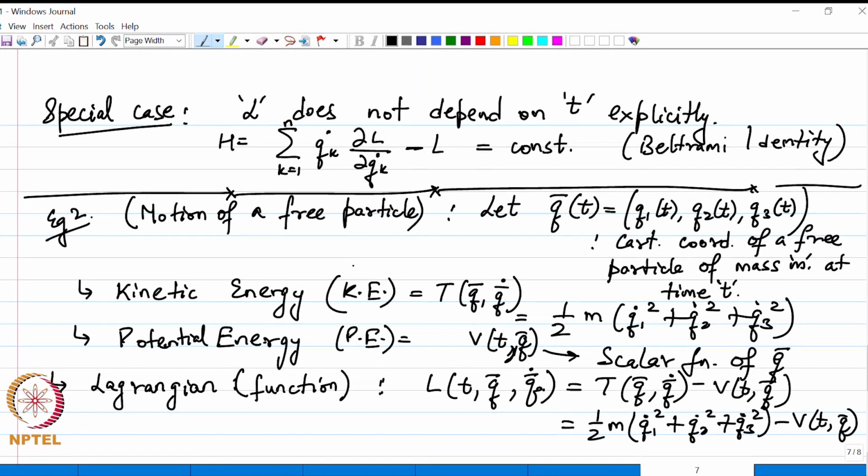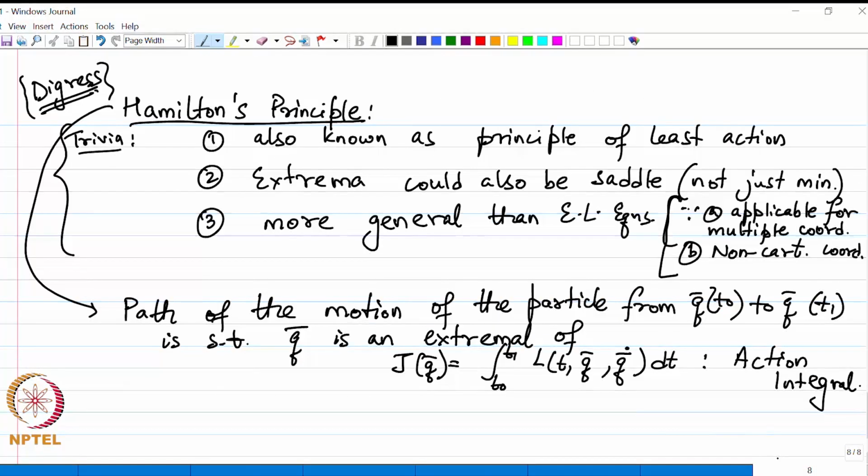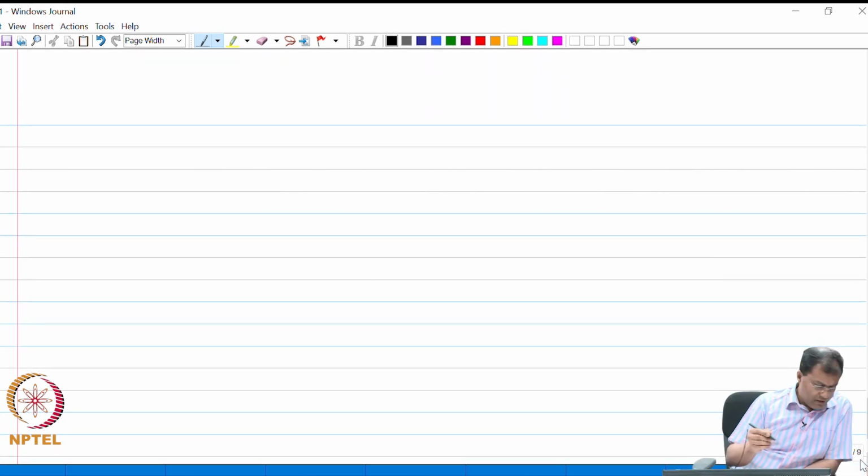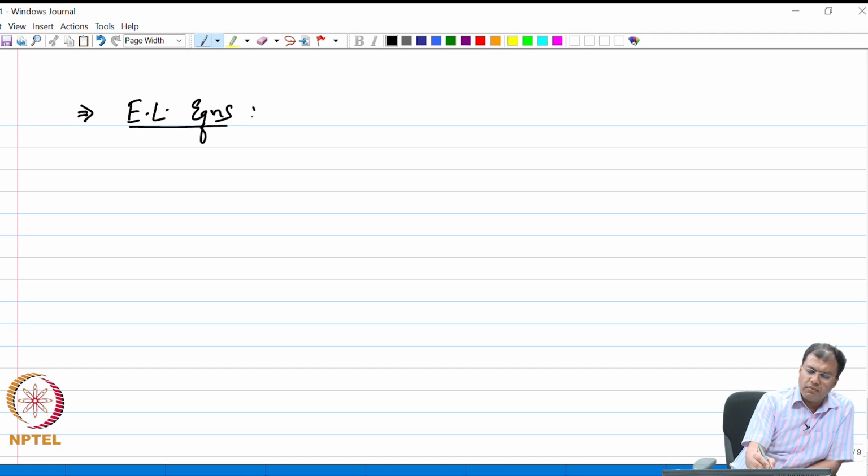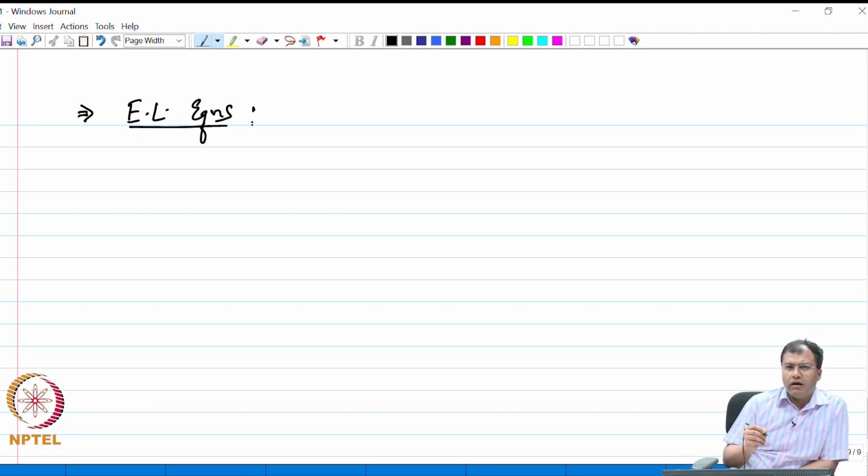We are going to use Hamilton's principle and find the least action or the extremum of the action integral, right. So, what essentially we are doing is we are solving the Euler Lagrange equations. When we are applying Hamilton's principle, essentially we are solving Euler Lagrange equations for the n variable case.